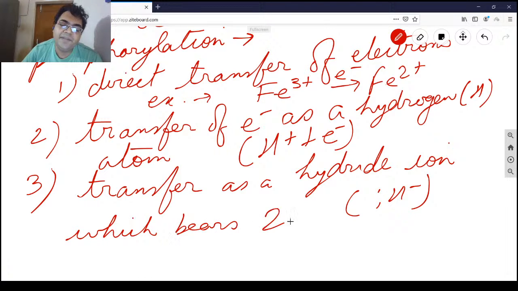One hydride ion bears two electrons, right? That is what happens in the case of NAD+ linked dehydrogenase. So NAD+ dehydrogenase transfers two H atoms, in the form of a hydride ion.